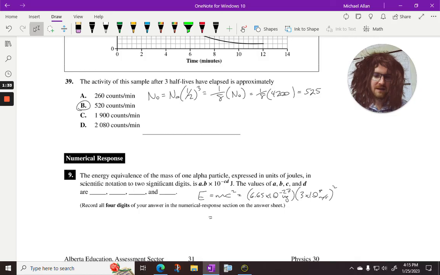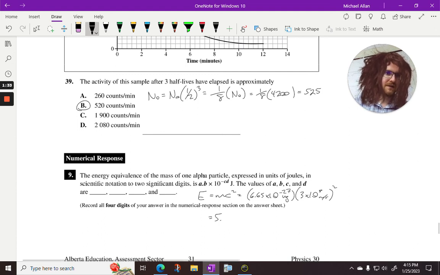So I get 5.985 times 10 to the negative 10 joules. By proper rounding, that rounds up to 6.0 times 10 to the negative 10 joules.